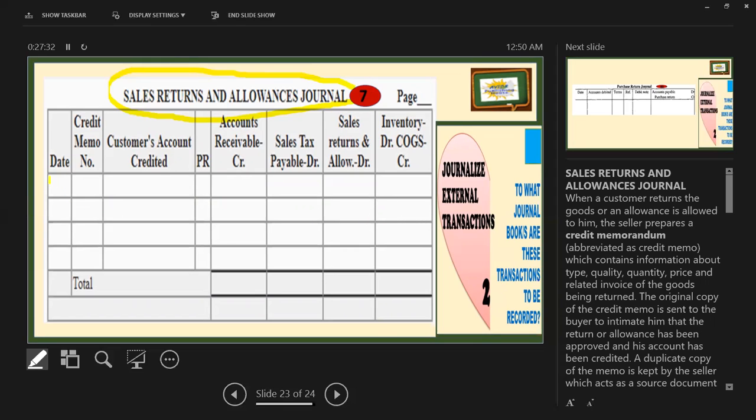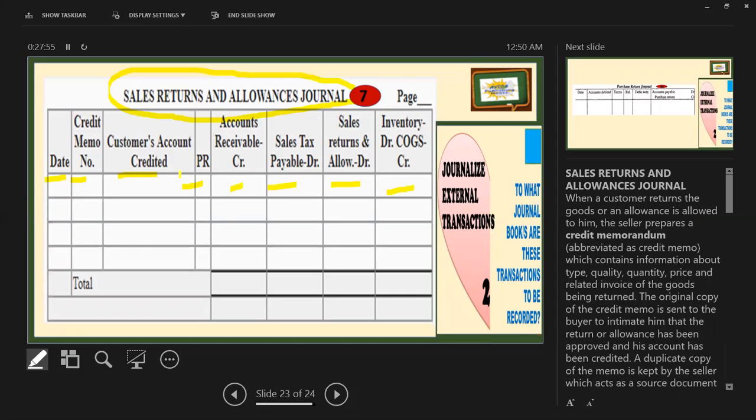So we have the details as date, credit memo number, customers, account credited, posting reference, accounts receivable, sales tax payable, sales returns and allowances debit, inventory debit, cost of goods sold credit.